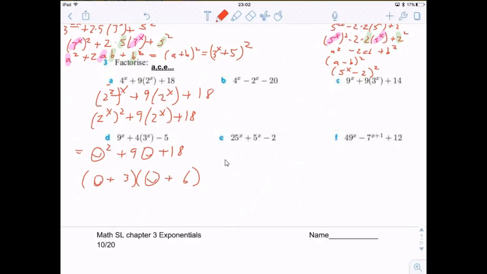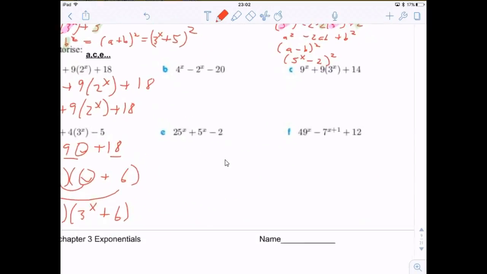Happy face plus 3 times happy face plus 6 gives you happy face squared plus 9 happy face plus 18, because the inside multiplication gives you 3 happy face, the outside multiplication gives you 6 happy face, which is 9 happy face. 3 times 6 is 18. Everybody's happy. Now we just need to replace the happy face back with 2 to the x. And we're done.